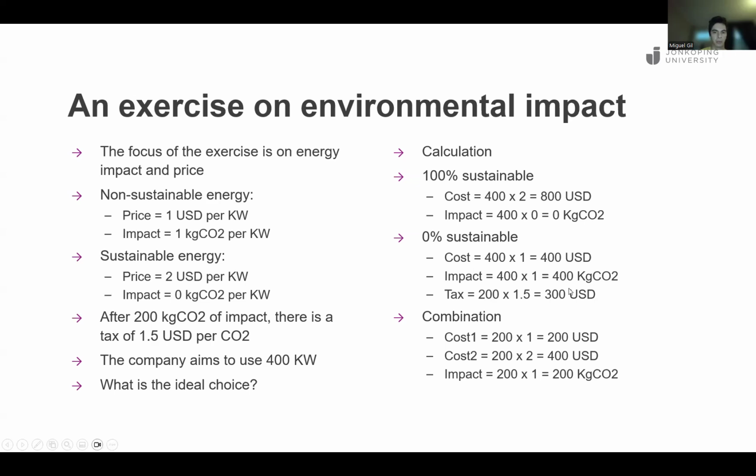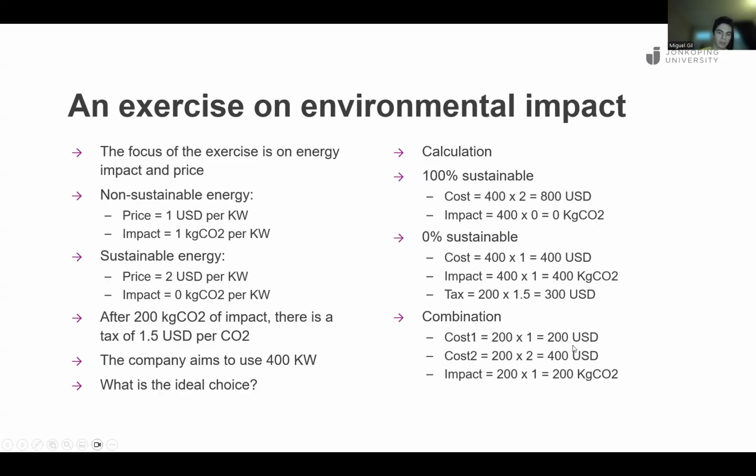It's 400 versus zero. So just with that, you have an idea: if I pay 100 more, I will have much less impact, and maybe it's worth it. But maybe we can also do a combination. What if we use the non-sustainable energy only until 200, which is before the tax? 200 of the cheap one, 200 times 1, is $200, and we don't have tax, because the other 200 will come from the sustainable energy, which is $2 times 200, $400.